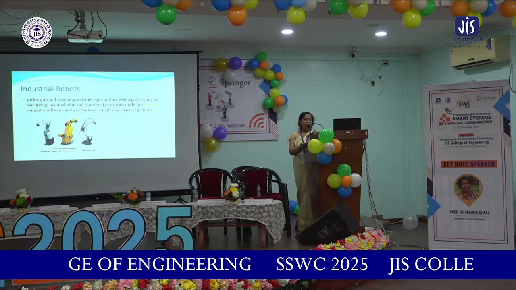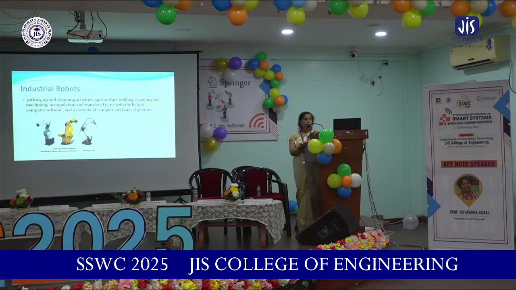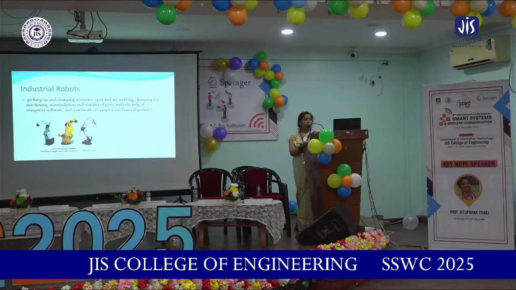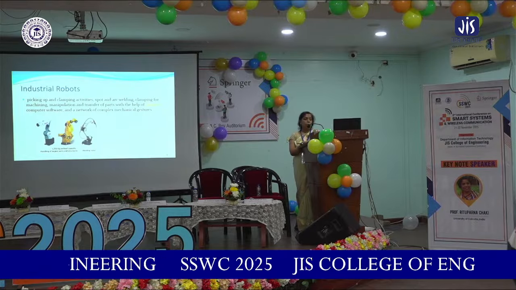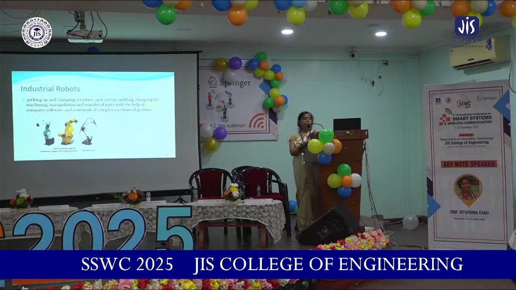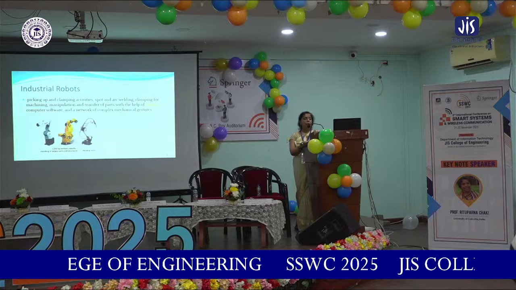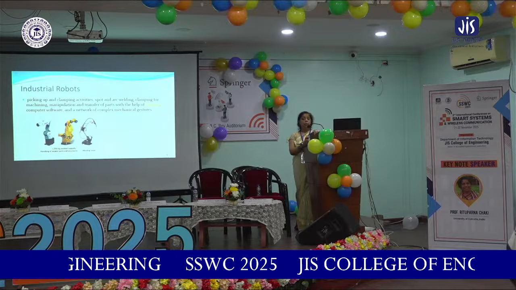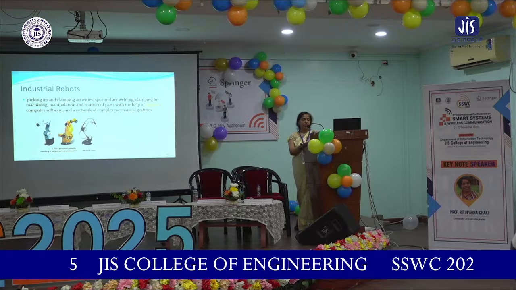Now, the main type of robot, industrial robots, are mainly designed for picking up and clamping activities, also used for spot and arc welding, clamping for machining, and manipulation and transfer of parts with the help of sensors, software, and a network of complex mechanical gestures.